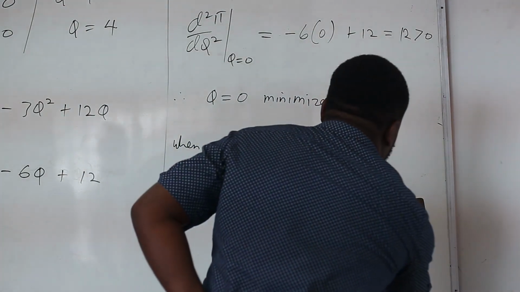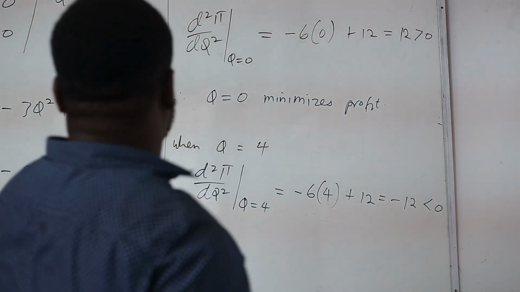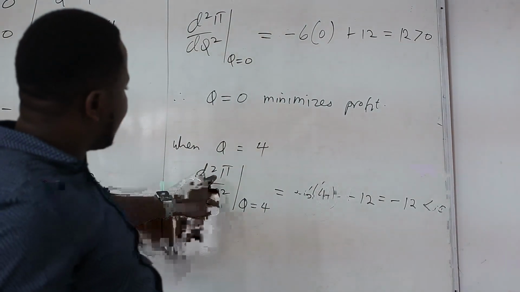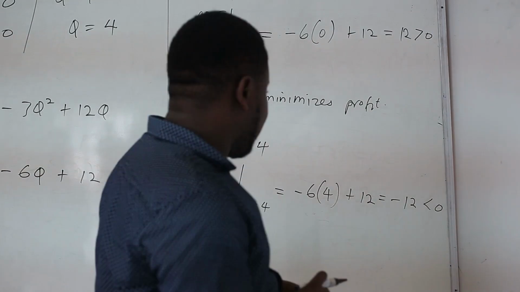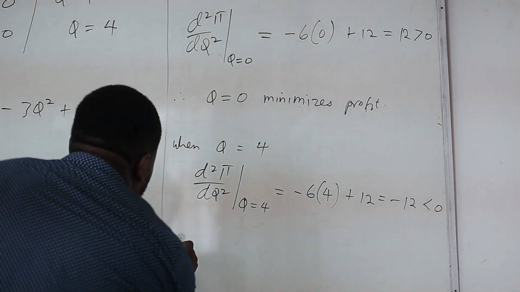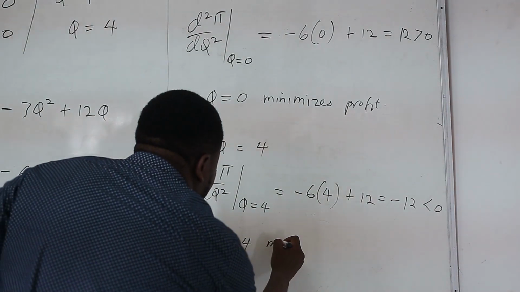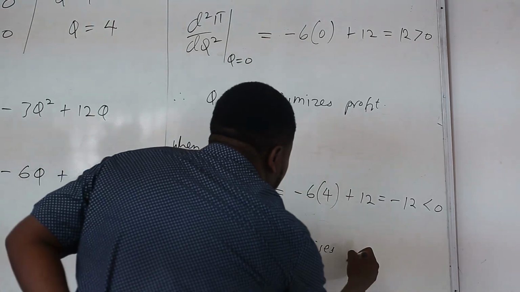So this is equal to minus 12, which is less than 0. So the second order condition states that when q is equal to 4, d squared pi dq squared is negative, it's less than 0. Therefore, we can conclude that q is equal to 4 maximizes profits.